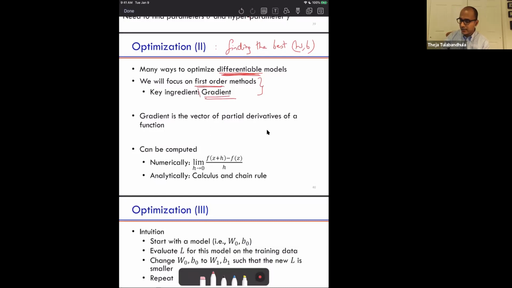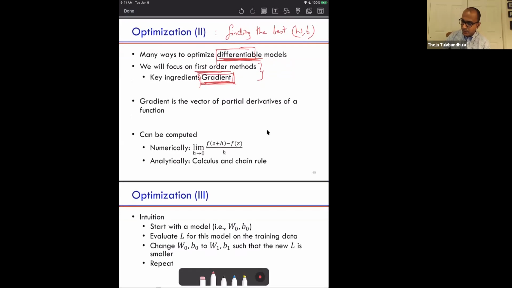So the keyword is gradient. Differentiable function is also a keyword. We're going to use gradient information to optimize. And what is a gradient? Just to recap, a gradient is a vector of partial derivatives of a function with respect to something. In particular, we care about the vector of partial derivatives of the function with respect to its parameters theta.